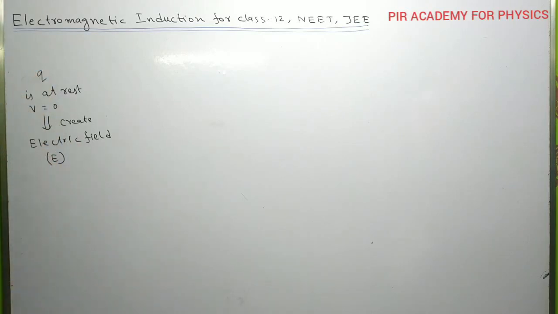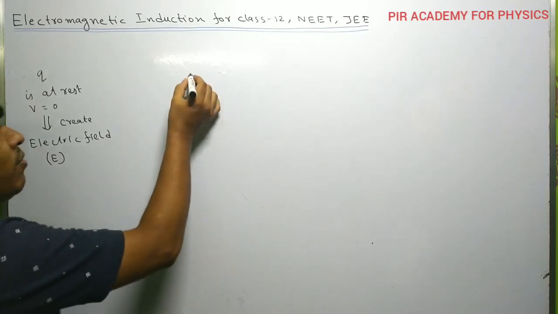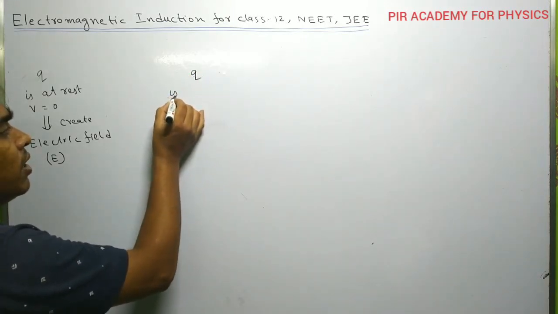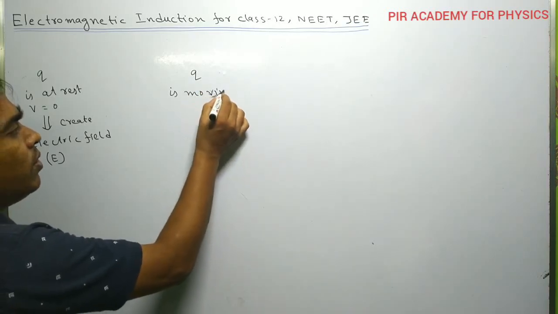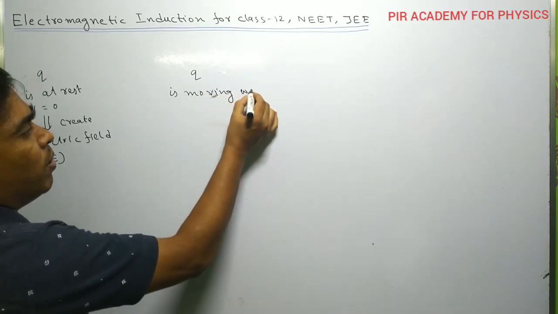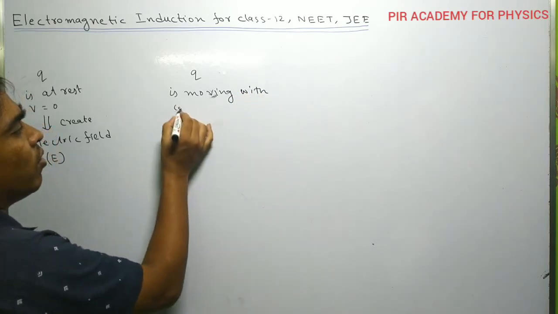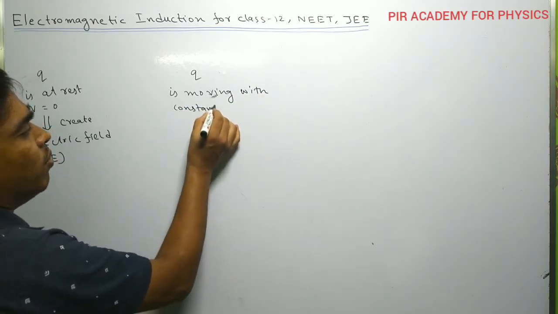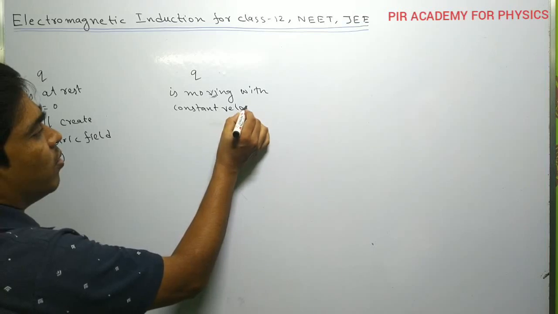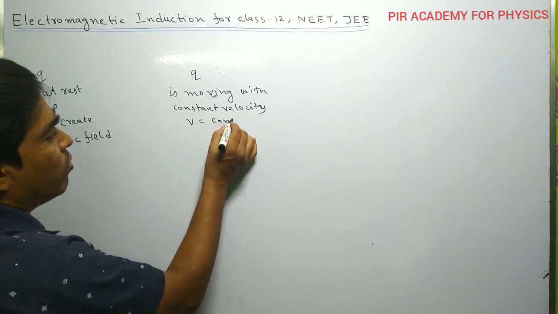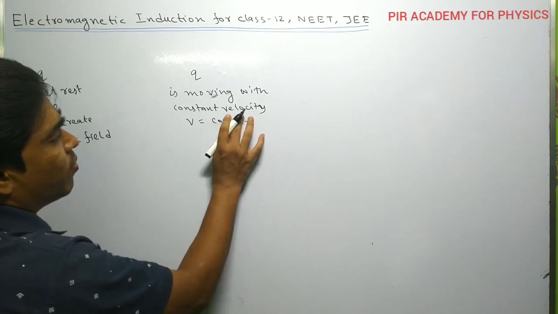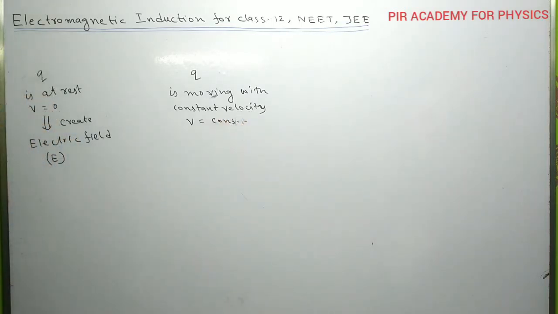So if a charge is at rest, that means V equals 0, then this charge creates an electric field. Now if a charge is moving with constant velocity, that means V equals constant.